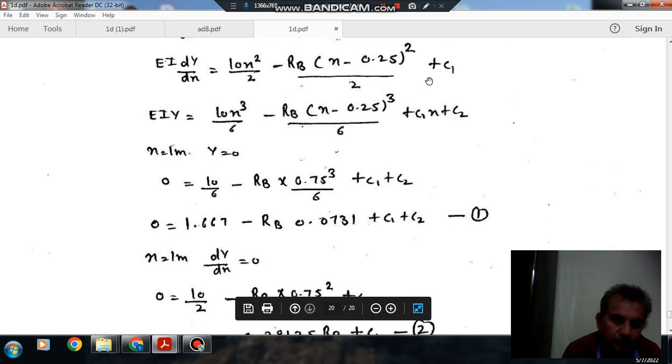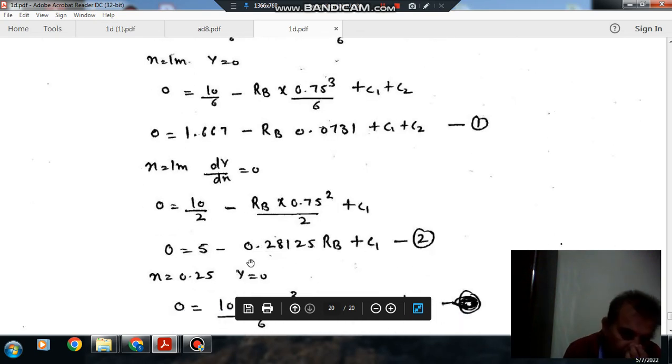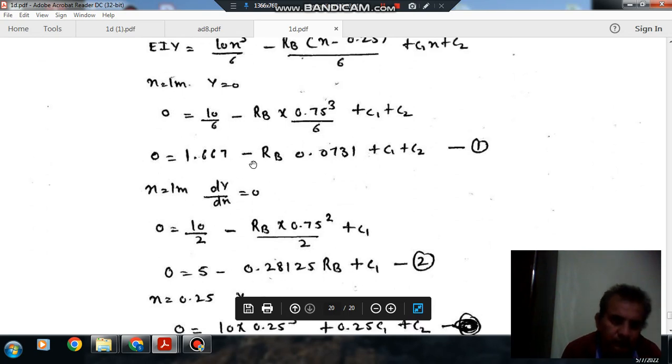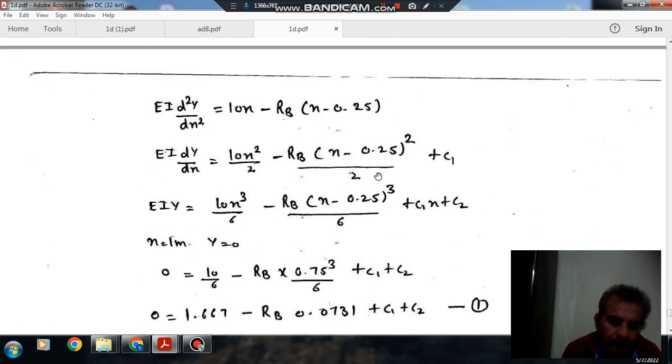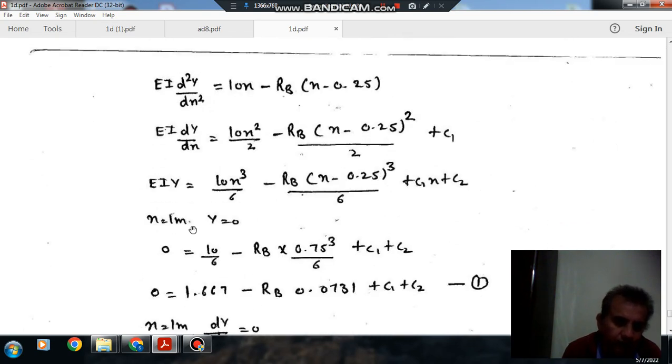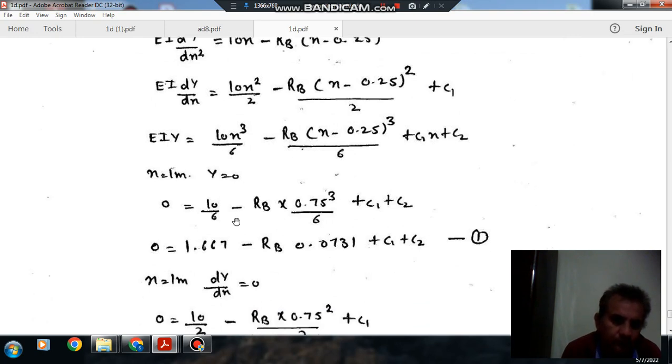So putting x equal to 1 with deflection 0, we get this equation: 10 by 6 minus RB into 0.75 cube by 6 plus C1 plus C2 equals 0.